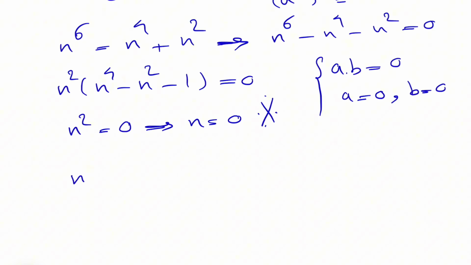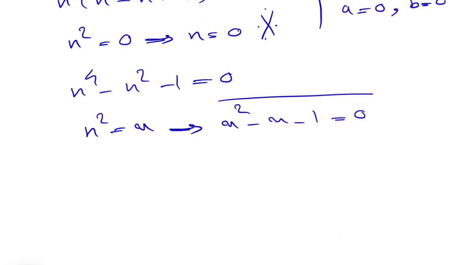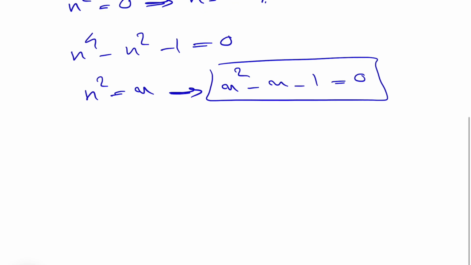We also have n to the power of 4 minus n squared minus 1 equals 0. Here, let's call n squared x. If we do that, we'll get x squared minus x minus 1 equals 0. Now we have a quadratic equation, in the format a x squared plus b x plus c equals 0.